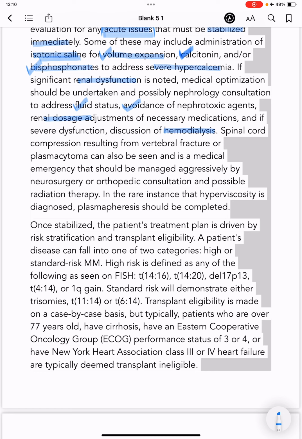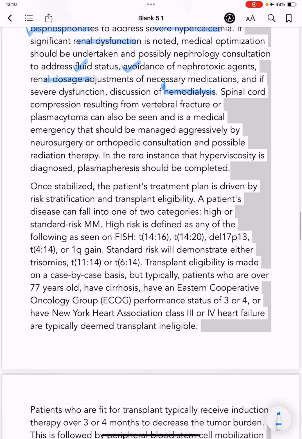Spinal cord compression resulting from vertebral fracture or plasmacytoma can also be seen, and it is a medical emergency.